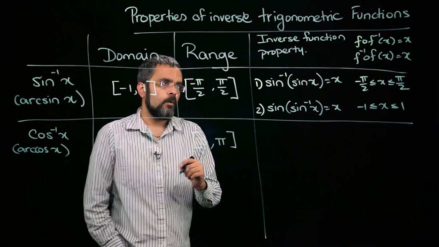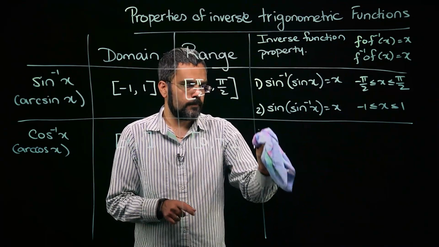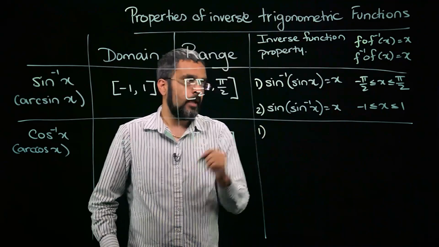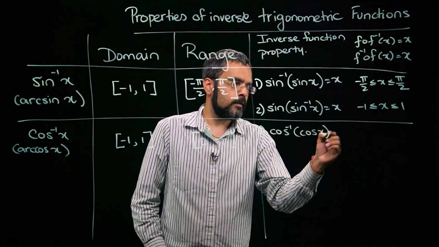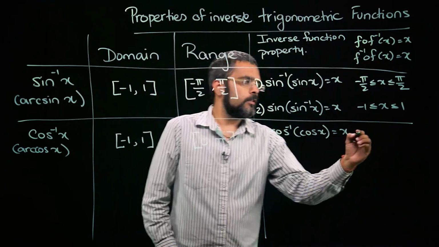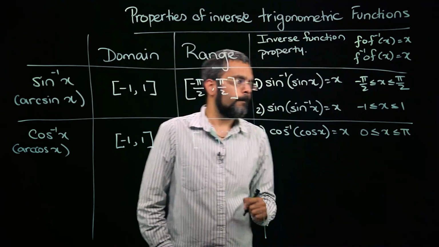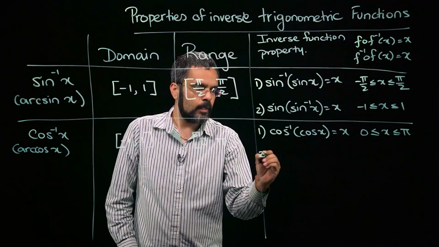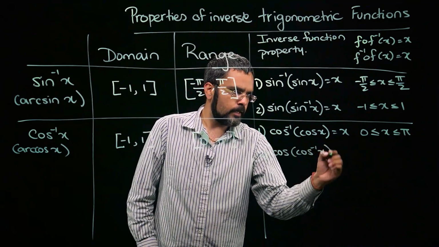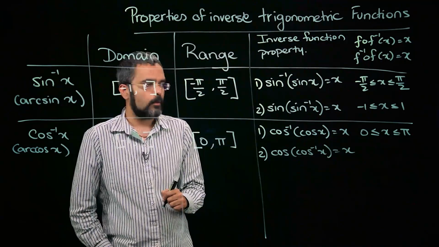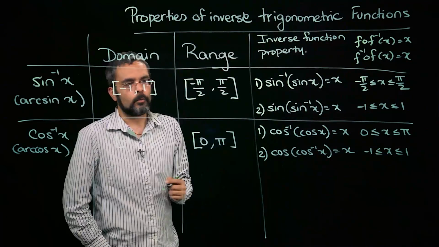Now I have two similar properties: cosine inverse of cosine of x is equal to x, where 0 is less than or equal to x less than or equal to pi. The second one is cosine of cosine inverse of x is also equal to x, and here -1 is less than or equal to x less than or equal to 1.